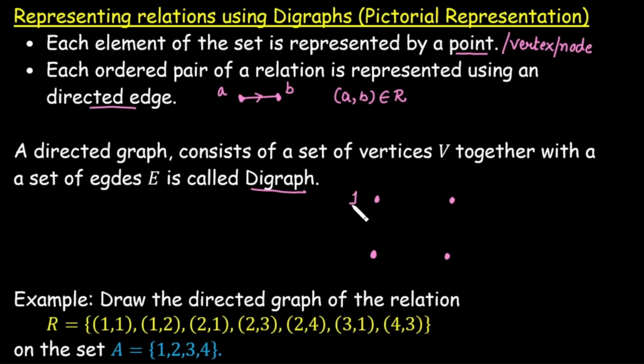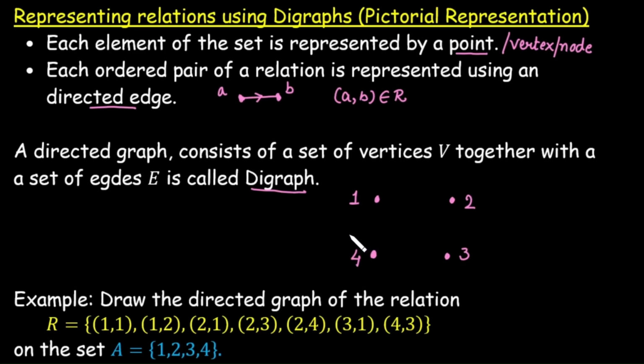This is the first point. Name them 1, 2, 3, 4. We have labeled them with the elements in set A. So the elements are 1, 2, 3, 4, and similarly we have represented them here as 1, 2, 3, 4, or we can call them vertices.